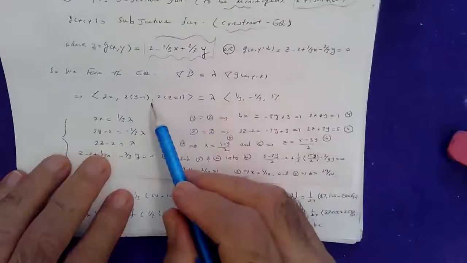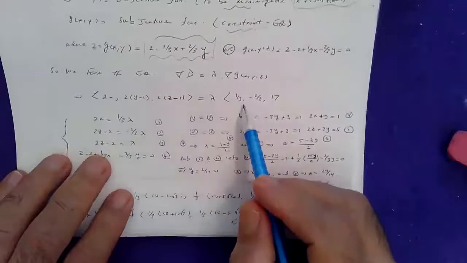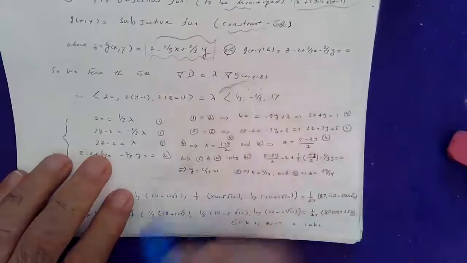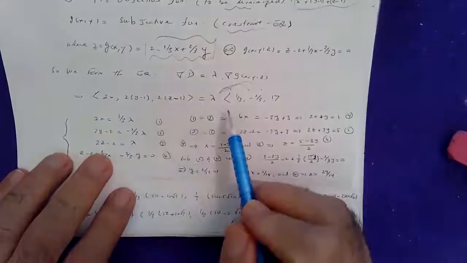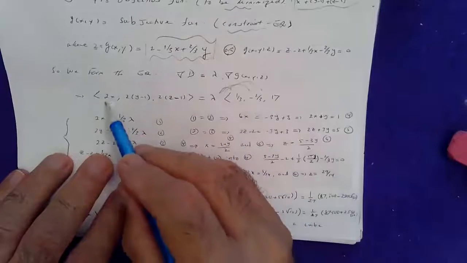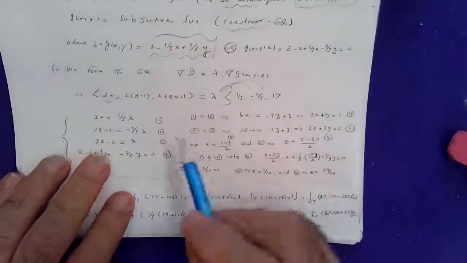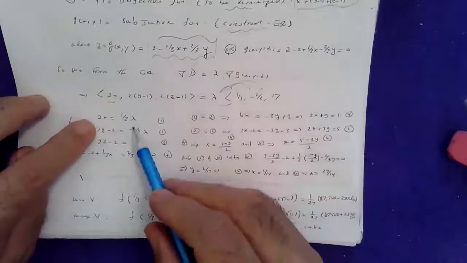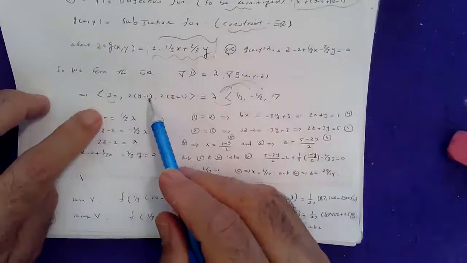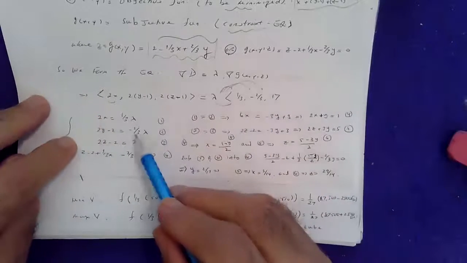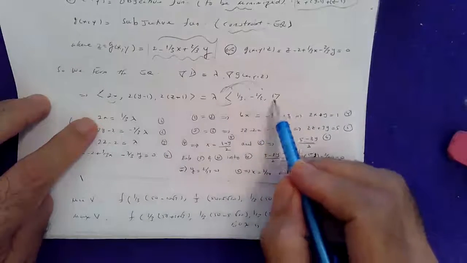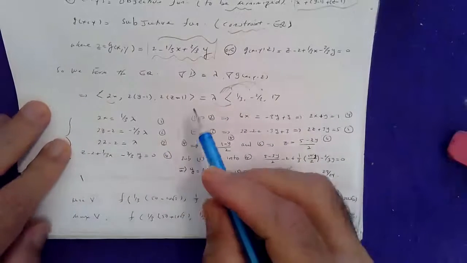Now, you have a vector on the left side and a vector on the right side. When you distribute the lambda, two vectors are said to be equal if the corresponding components match. That means I set 2x equal to 1/3 of lambda, 2 times (y minus 1) equal to negative 2/3 of lambda, and 2 times (z minus 1) equal to 1 times lambda. But wait a minute.